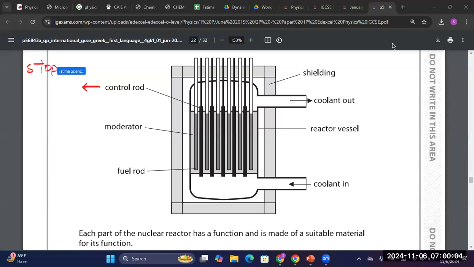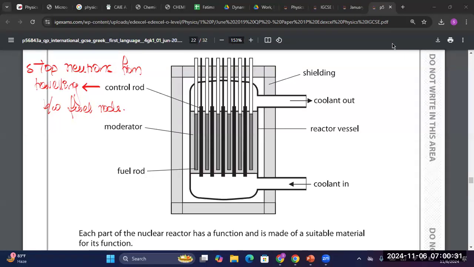They will stop the neutrons from traveling between the fuel rods.